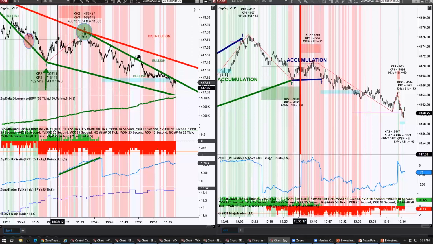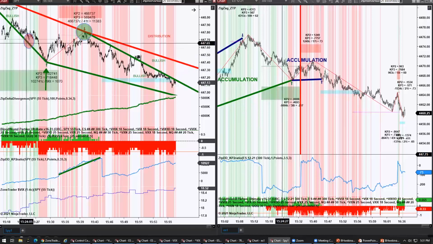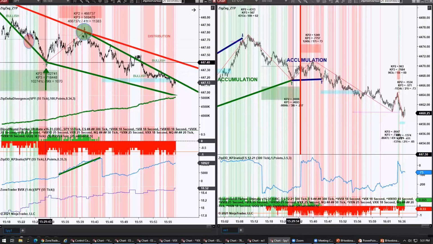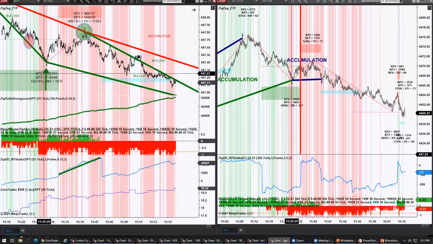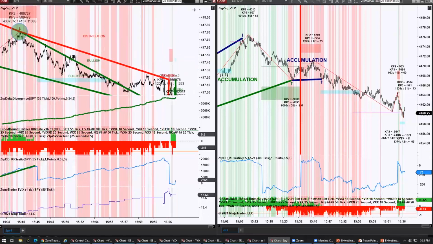That's just something I'm putting on the chart so that you know when we had both of those signals. Our only trading signal is back here. We don't have a signal right there, but we did have both accumulation and divergence on the ES and SPY right there.